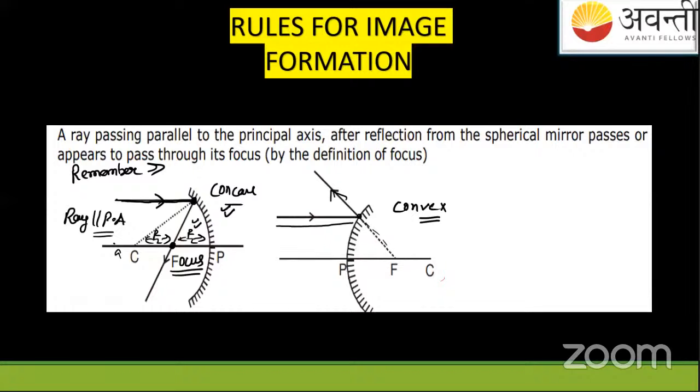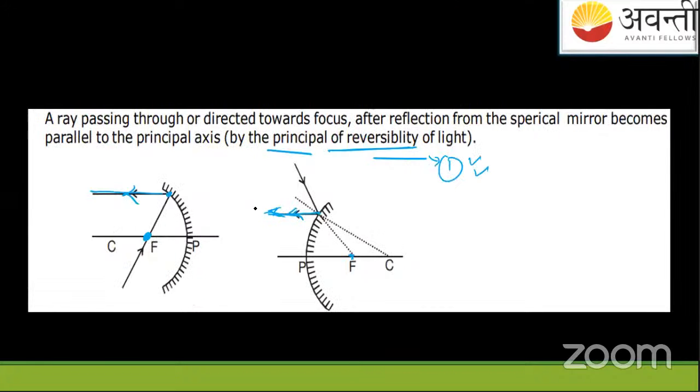Now the next point is the reversibility of the first point. What we studied first: there was a concave mirror, and a ray incident like this passes through the focus if the ray is parallel to the principal axis. Now, what will happen here?